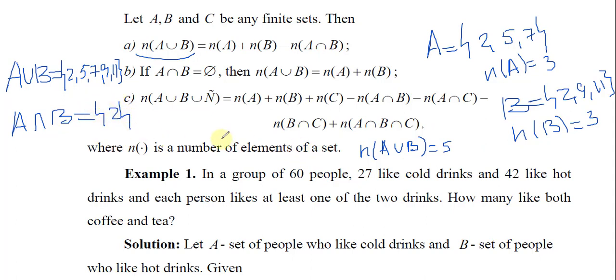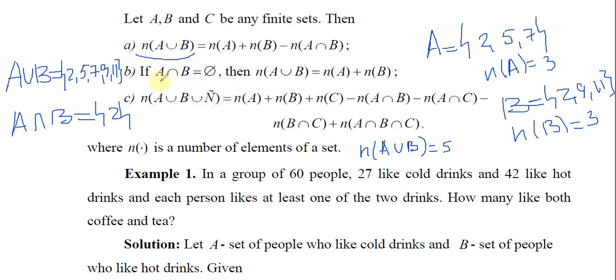The number of elements of A intersection B is 1. So 3 plus 3 is 6, 6 minus 1 is 5. 5 equals 5. So we considered an example of this property.